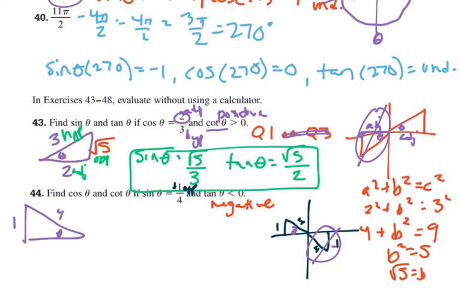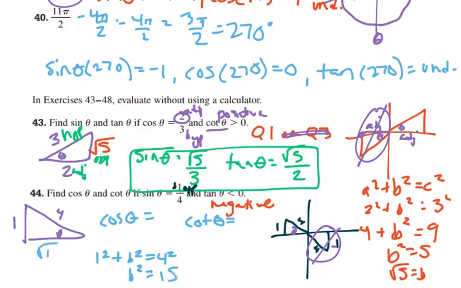And so we need to find that adjacent side in order to be able to say what cosine of theta is and cotangent. So in order to find that missing side, we're going to need 1 squared plus the b that we don't know equal to 4 squared, which means that b squared is going to equal 4 squared is 16, minus 1 is 15.